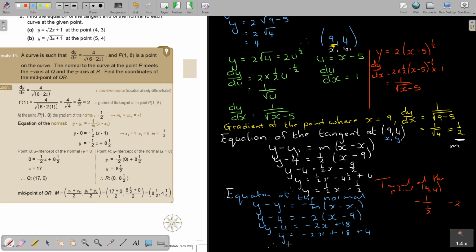So therefore, y is equal to negative 2x plus 22. And don't forget, this is the normal at the point (9, 4). Okay, that's how we do it.